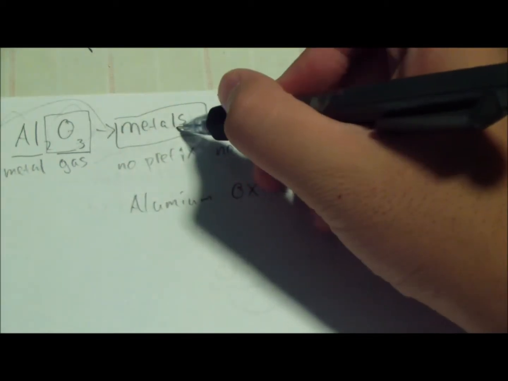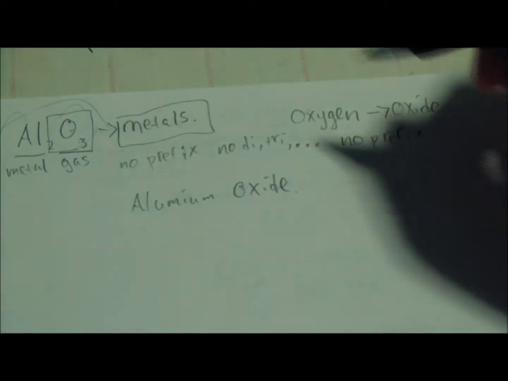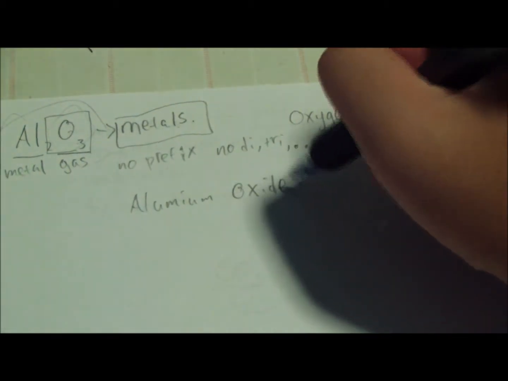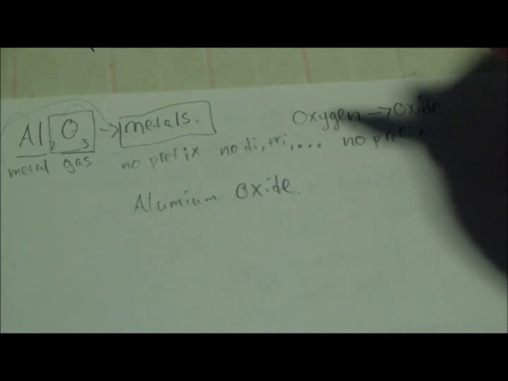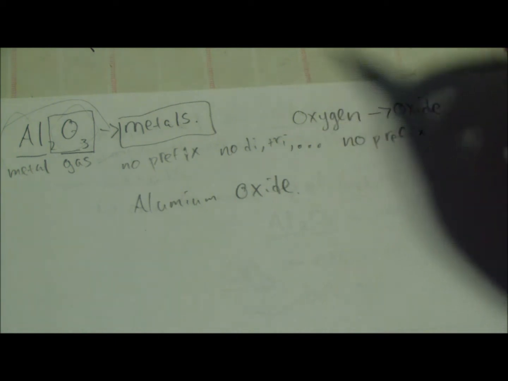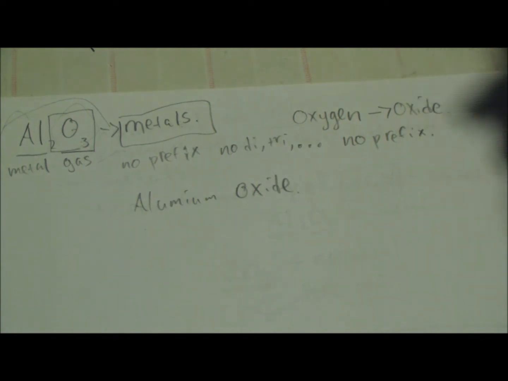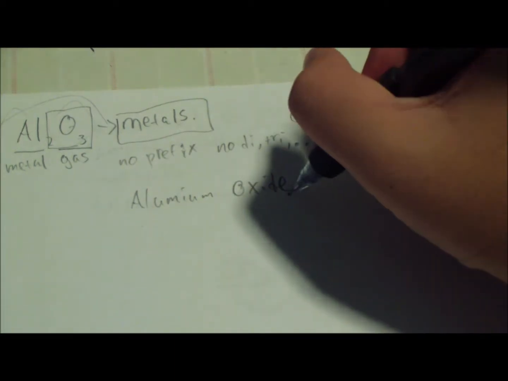With metals, no prefixes, but the naming should still be the same when it comes to a gas at the end of the compound. Whenever there's a gas at the end of the compound, except maybe exceptions like sulfur and phosphate, which have a bit different naming system. We're not going to go over that because you don't really need it for the AP test or anything in high school. So it'll be aluminum oxide here.